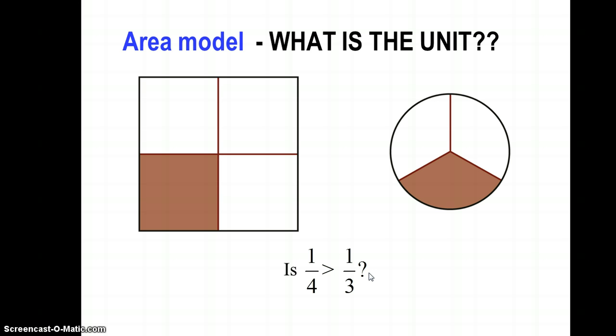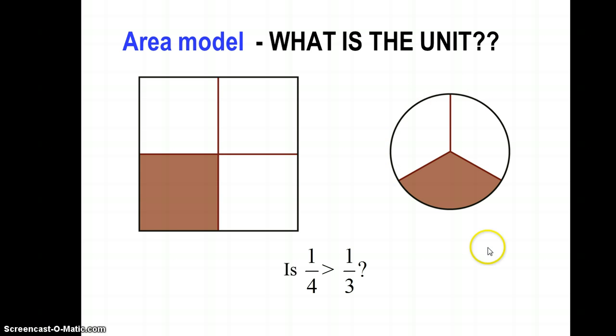Well, if you compare 1/4 and 1/3 just as fractions in terms of one whole, meaning the number 1, then 1/4 is smaller than a third. But in this case, right here, 1/4 is maybe larger than 1/3, or maybe they're almost the same size, but it depends on the unit.